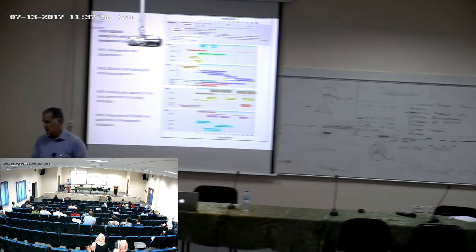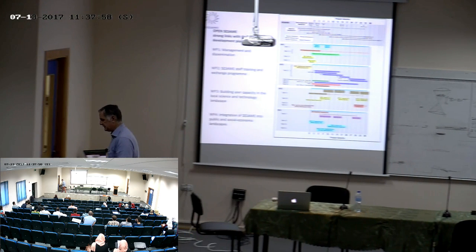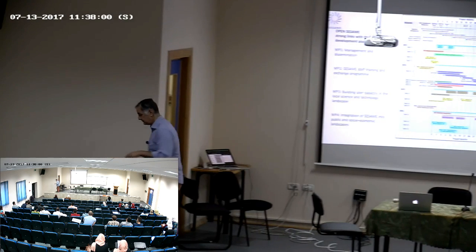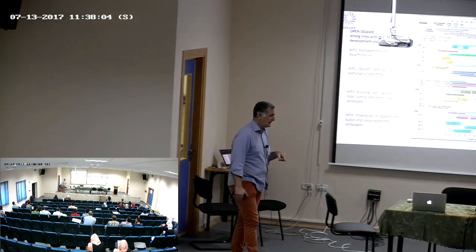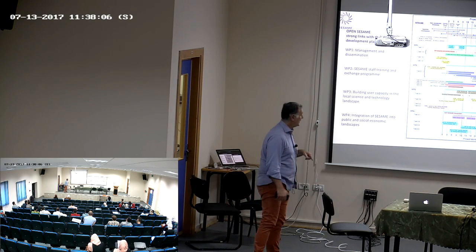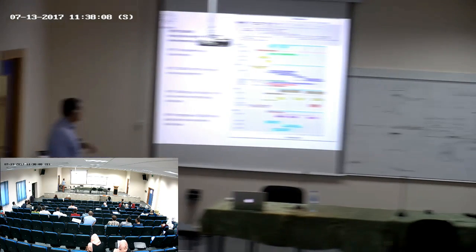Then a second work package is to train Sesame staff, and that is composed basically of visits of Sesame staff to European laboratories and of visits of experts from European laboratories to Sesame. So for example, as we speak, Mahmoud Abdelatif is at ALBA, the Spanish facility.